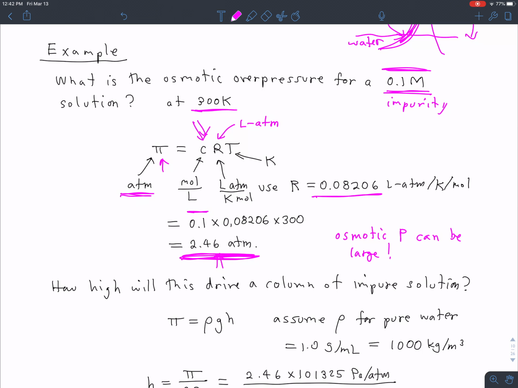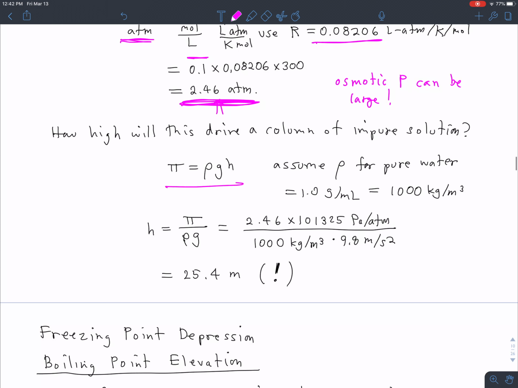And so solving for the height in this case, we get that the maximum height of the tree is the pressure difference divided by the density of the solvent divided by the acceleration due to gravity. The density of the solvent is 1.0, let's take it to be pure water, grams per milliliter, or equivalently, 1,000 kilograms per cubic meter.